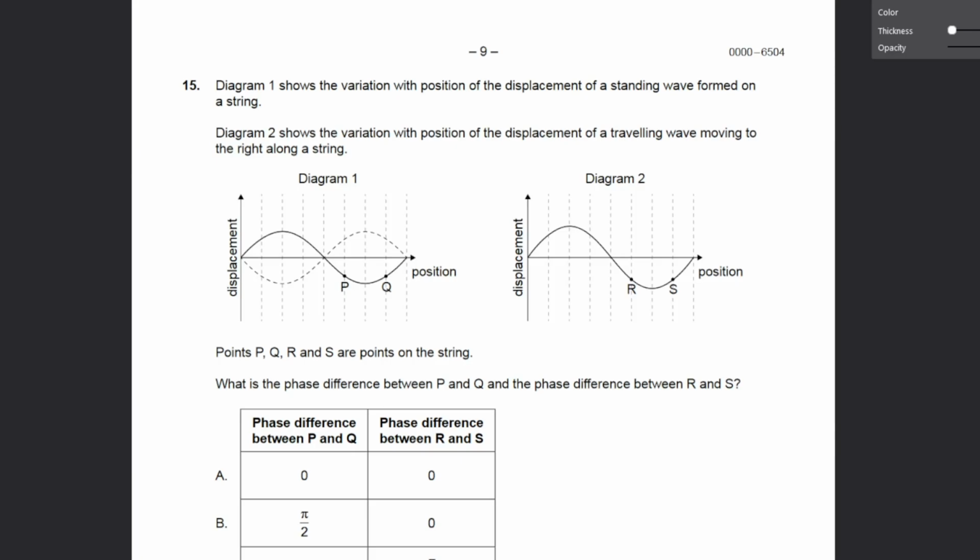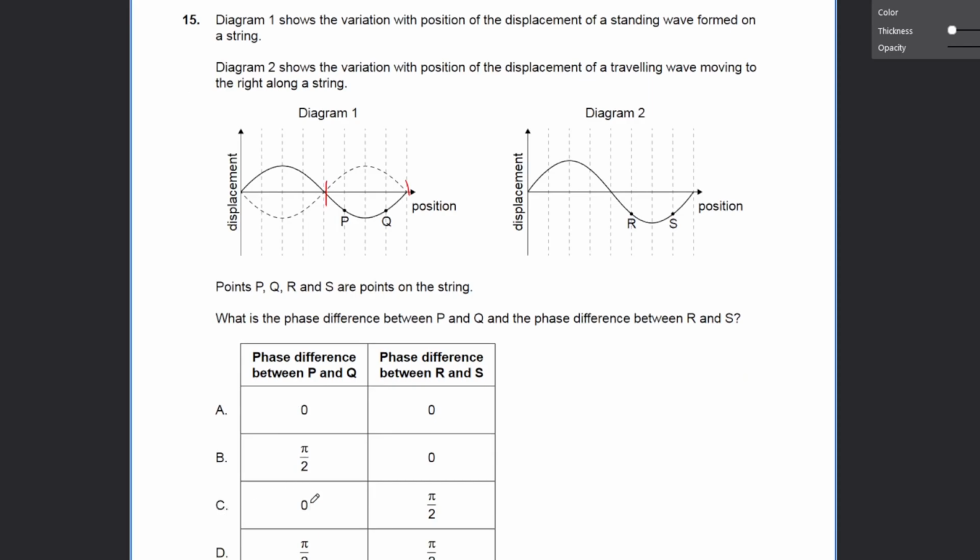All right, so the phase difference for the standing wave, diagram 1, should be fairly easy, because these waves are exactly in phase. They're creating a stationary wave, and P and Q are in the same segment. They're between the same two nodes, so they're going to be in phase. They have a phase difference of 0, so it's either A or C.